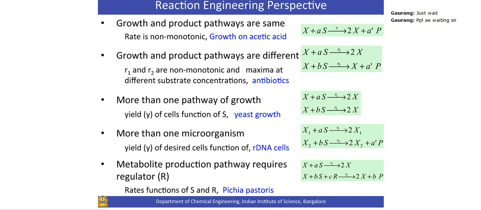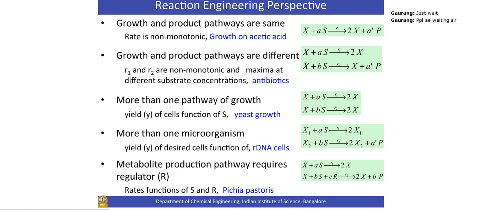Now, there are other examples, and you see a few of them listed here, where the growth of the cell and the product formation are decoupled. So, in this reaction scheme, for example, the cells only grow. There is no product here. Whereas for product, cells have to go through a different metabolic network where it makes more product but very few more cells.